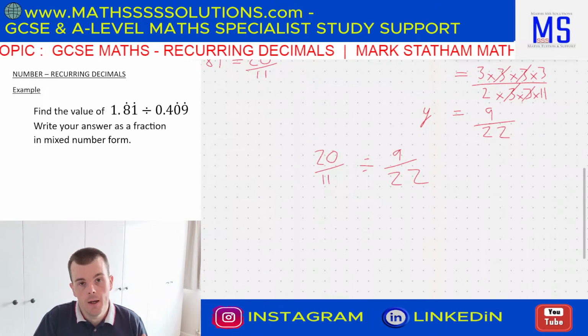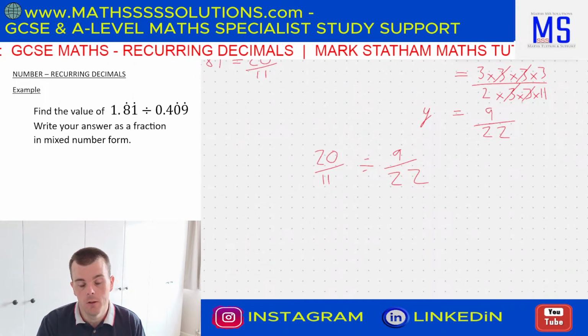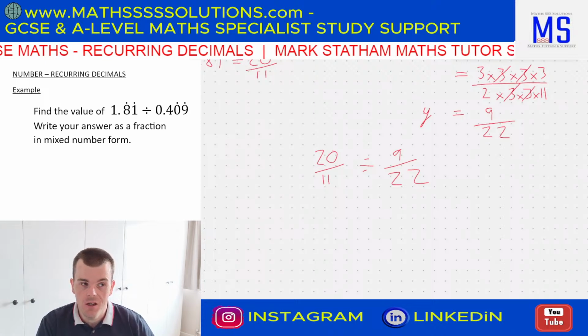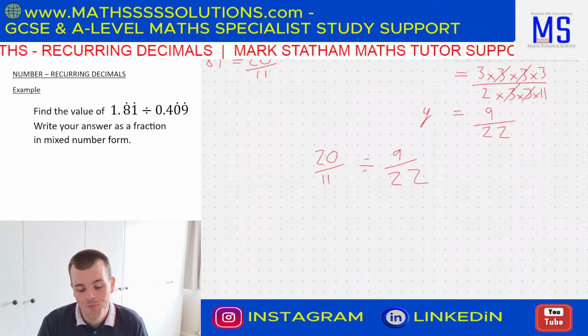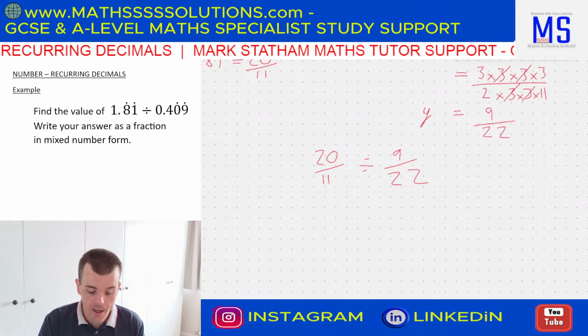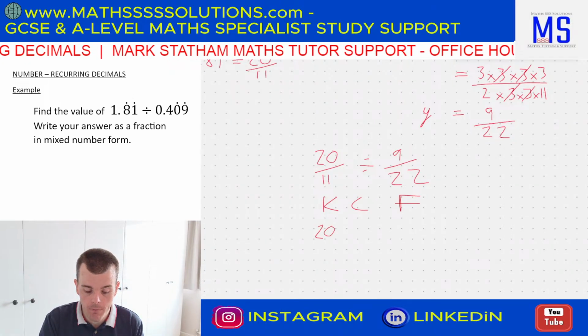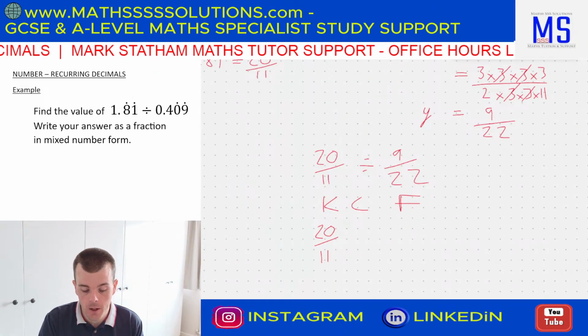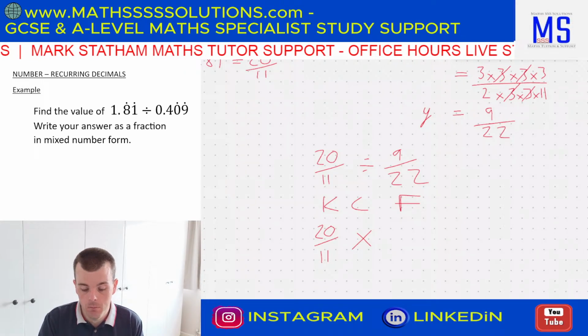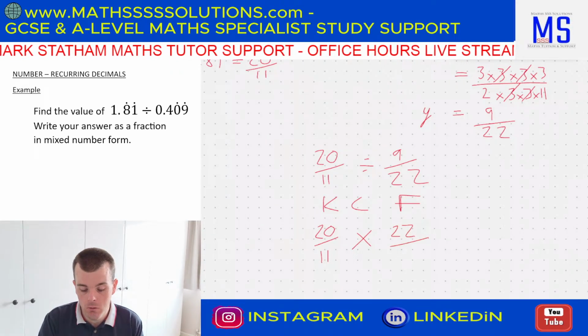Remember, when you're dividing fractions, you use the KFC. It's not KFC actually, but people remember the chicken shop. And it's KCF. So you keep 20 over 11 as it is. You change the divide to a times and flip the second fraction, 22 over 9.